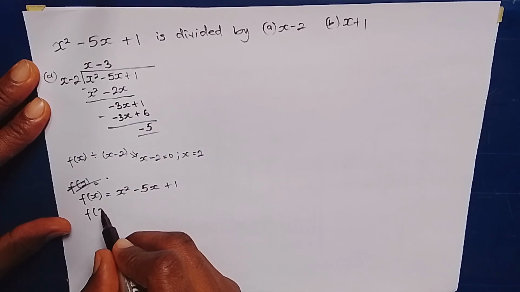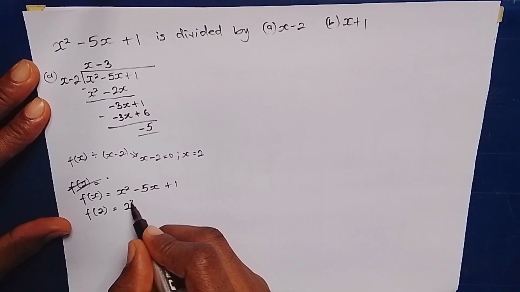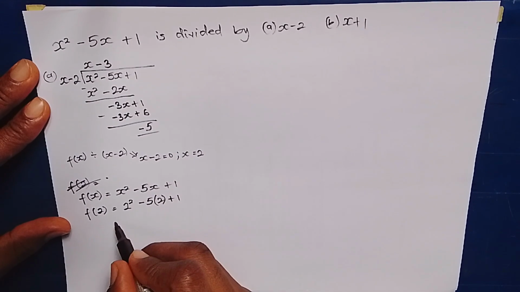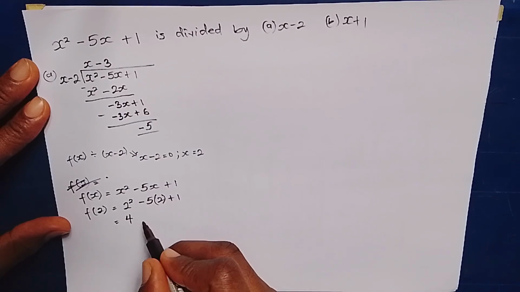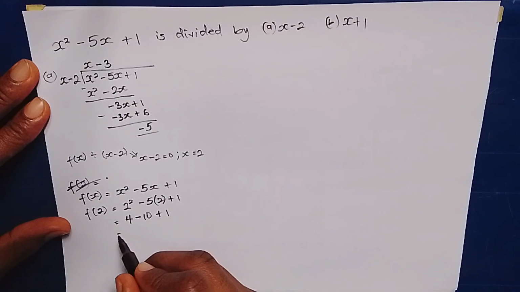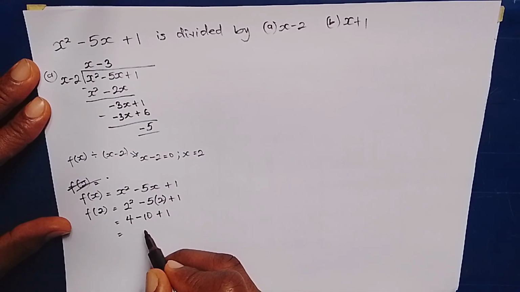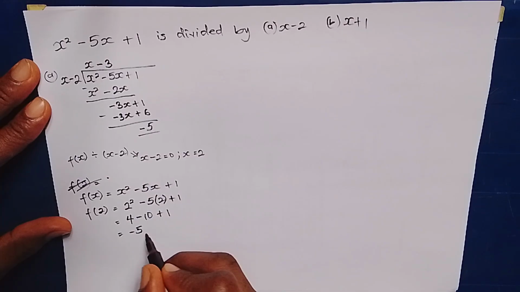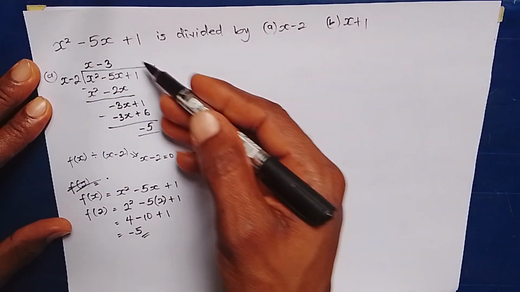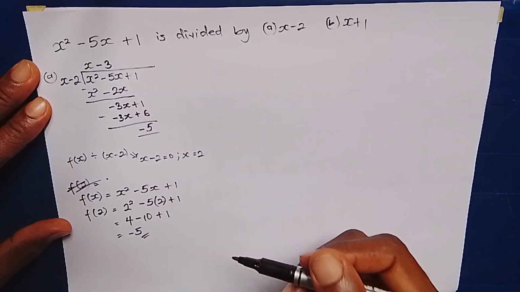So f of 2 equals 2 squared minus 5 times 2 plus 1. So this is equal to 4 minus 10 plus 1. 4 minus 10 is minus 6. Minus 6 plus 1 is minus 5. So that means we can find the remainder without having to go through the long division process. Just apply the remainder theorem.